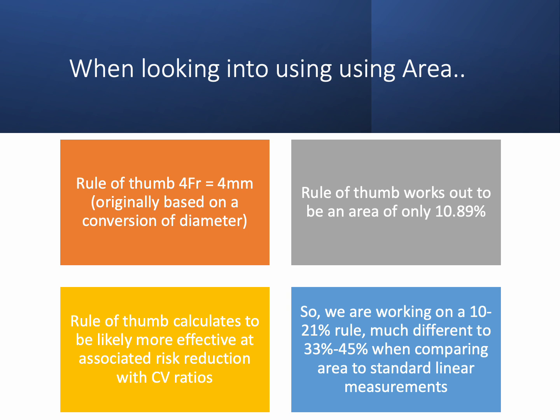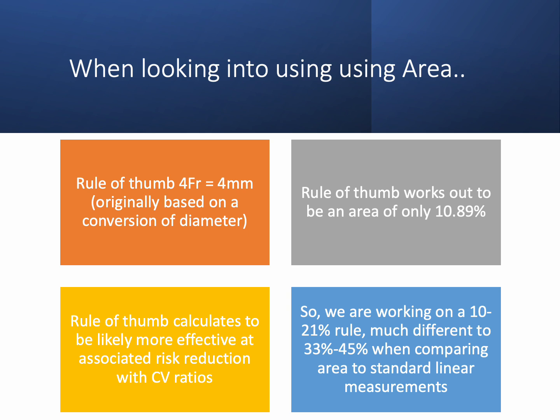So once again, we're showing that there are two different units of measurement. They both measure the same thing, but they're just different numbers because they're different units. The rule of thumb is likely more effective for catheter vessel ratio risk reduction strategies because it's easy to calculate. A 4 French catheter shouldn't go in a vessel smaller than 4 millimeters.